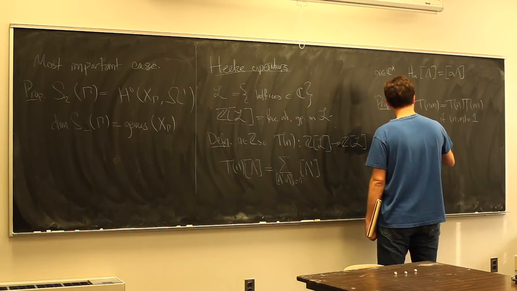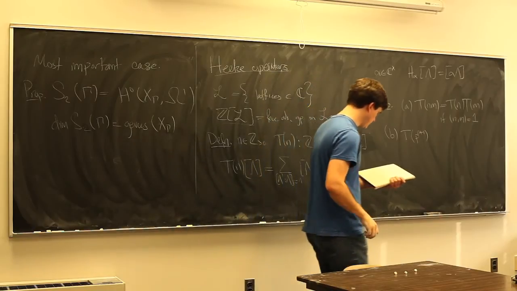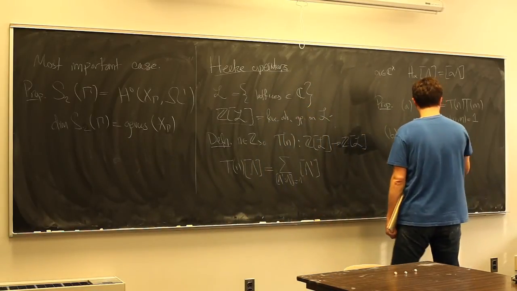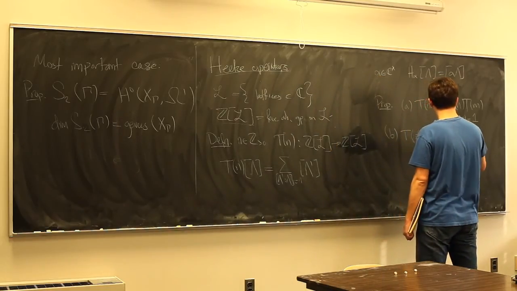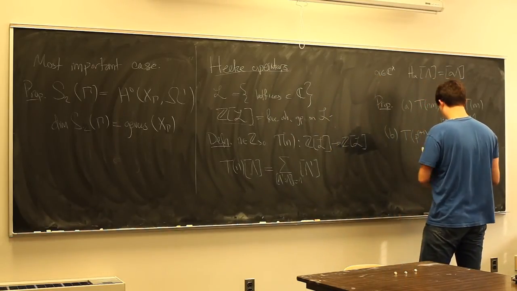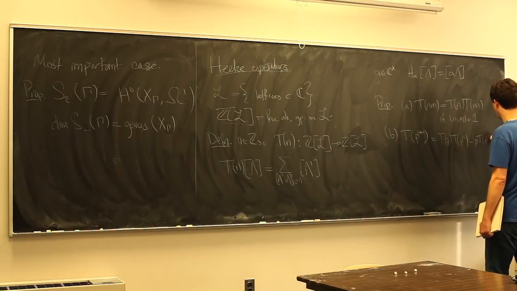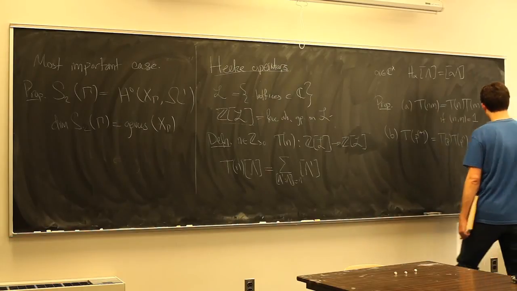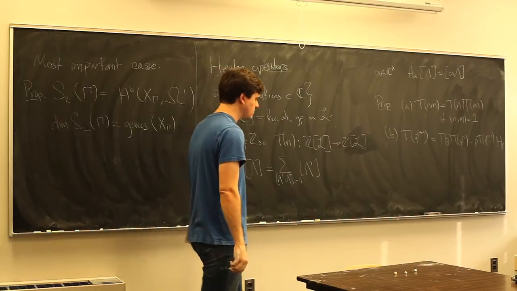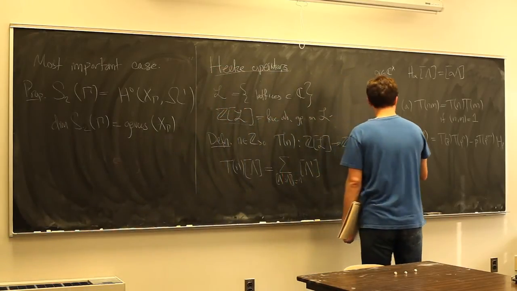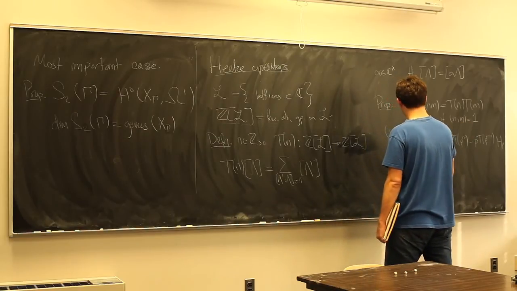If p is a prime number, and you look at T of p to the n plus 1, you can write this in terms of the same kinds of things, but with smaller n. This is T of p times T of p to the n, minus p times T of p to the n minus 1 times this Hp. And third, these operators all commute. T of m and T of n commute.